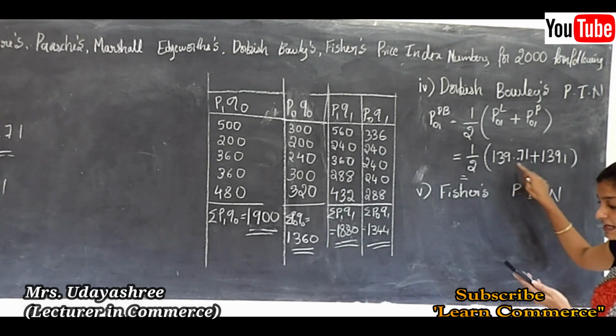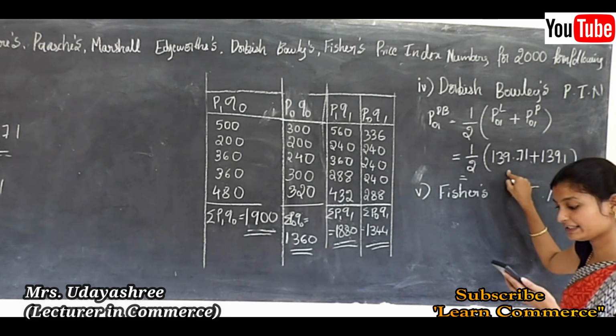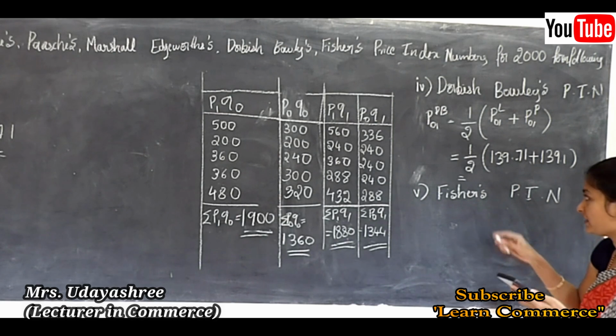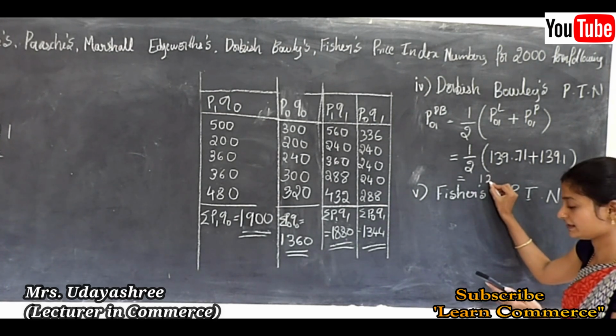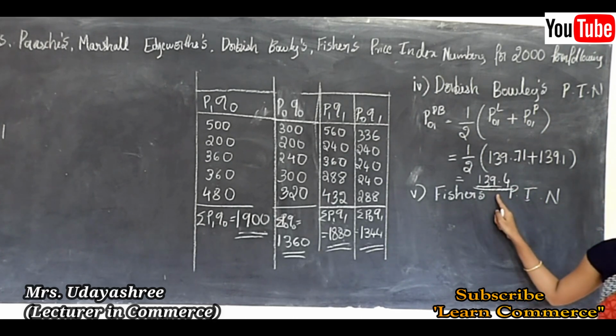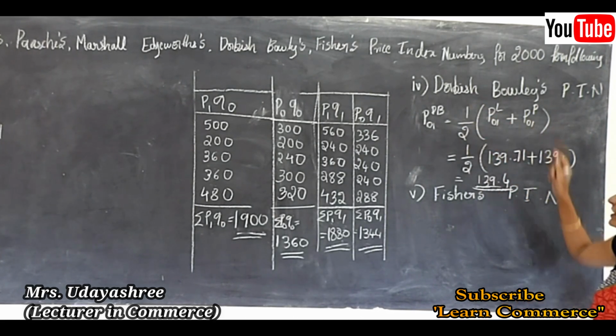The sum of this is 278.88, divided by 2. The final answer is 139.4. This is the calculated answer of Drobisch-Bowley's price index number.